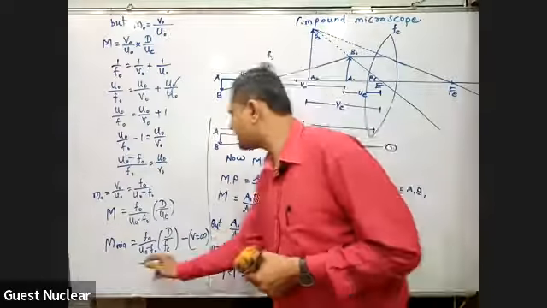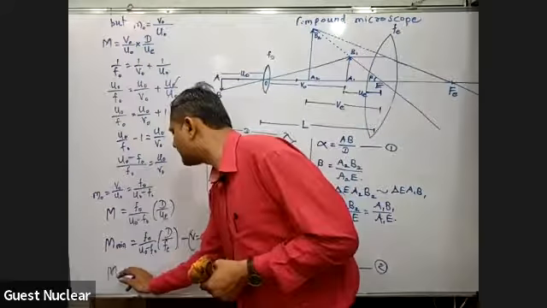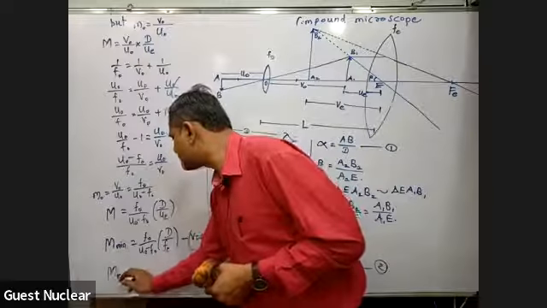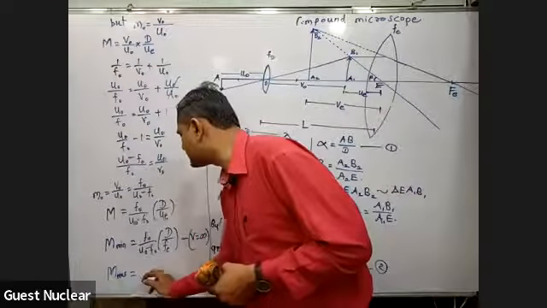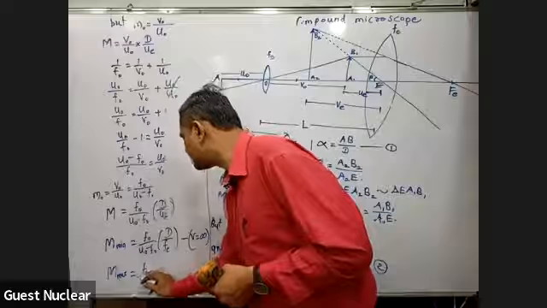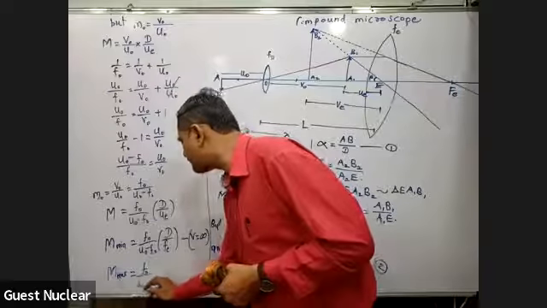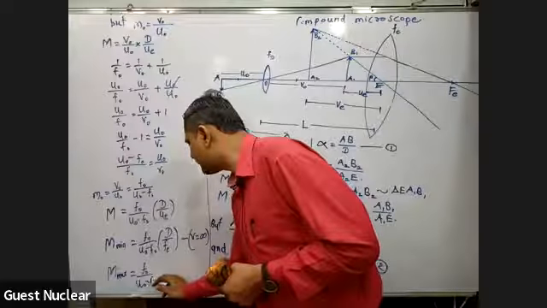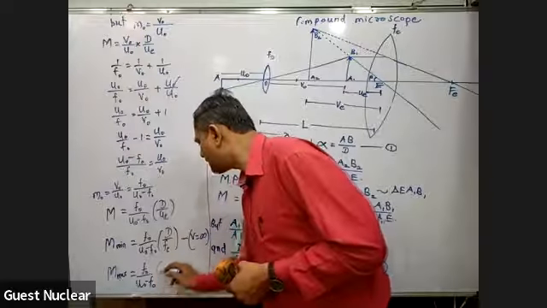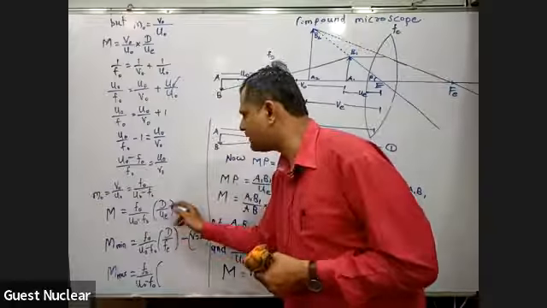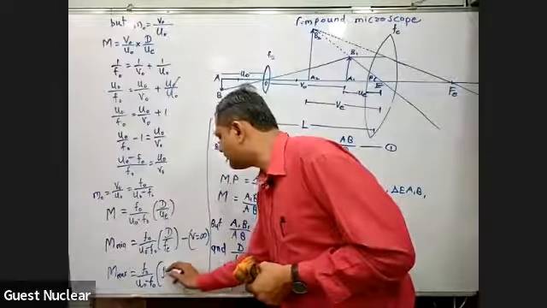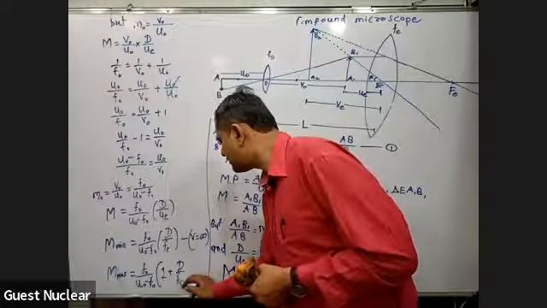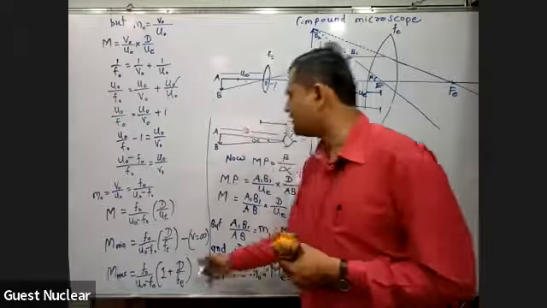But at the same time, the maximum value of the magnifying power can be obtained only when image is formed at distance of distinct vision, and in that case the magnifying power of that compound microscope will be actually fo upon uo minus fo into ब्रैकेट में क्या आएगा यहाँ पे, इस D upon ue के बदले आ जाएगा सिंपली 1 plus D upon fe। ये सब हमने ऑलरेडी कल किया था, सेम वही है, ठीक है?